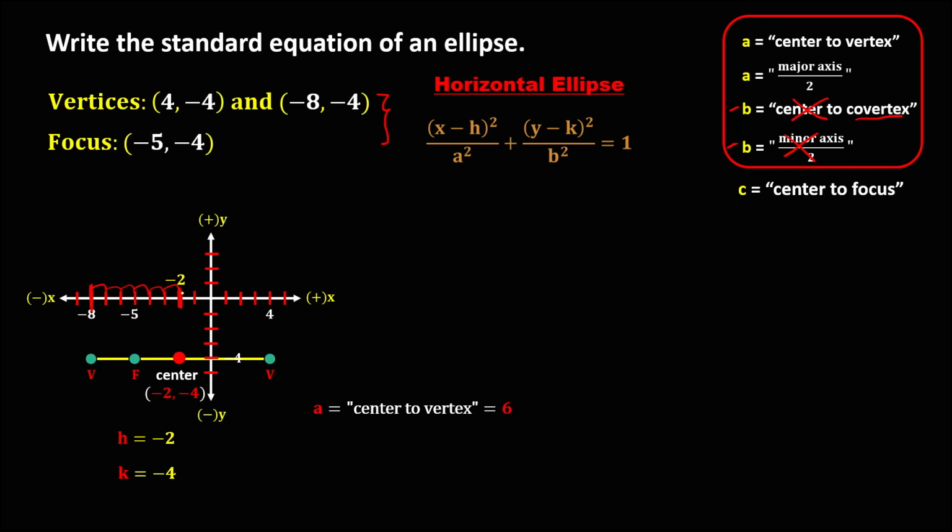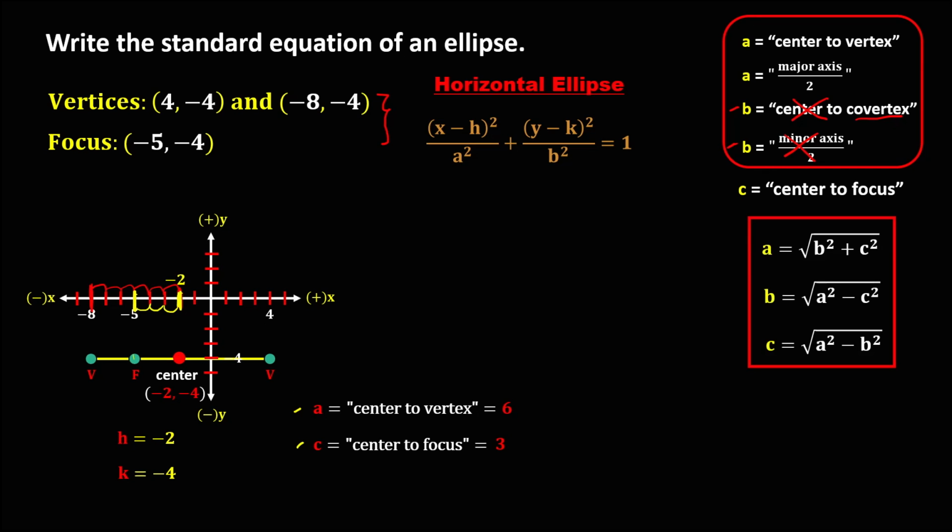Since this one is the center and this is the focus, to solve for c, we have 1, 2, 3. So therefore c is equal to 3. Then since we now have the values for a and c, we can solve for b using this formula.